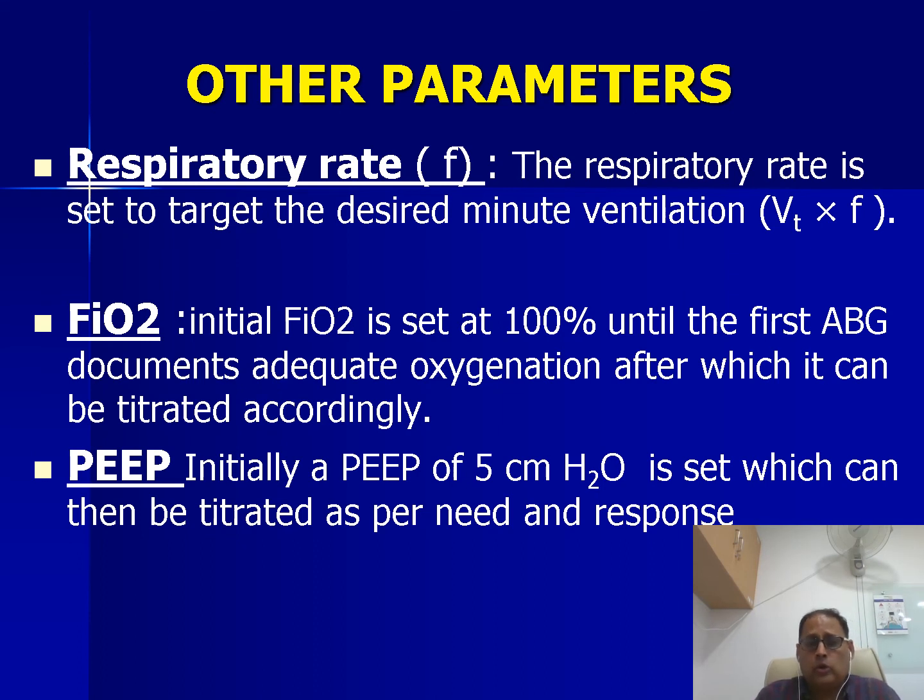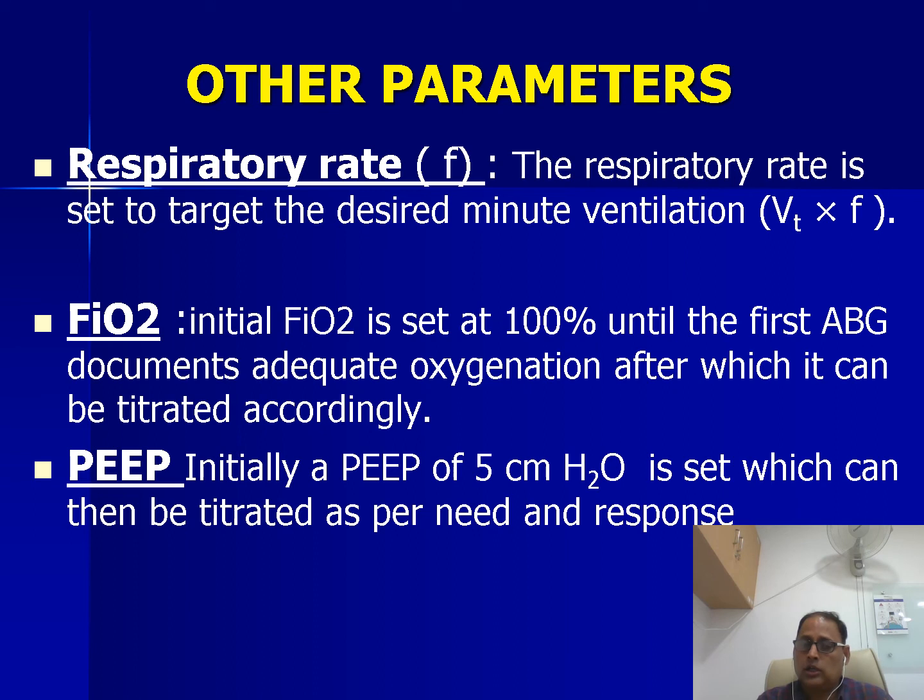FiO2, initial FiO2 is usually set to 1 or 100%, and then you go for an ABG after half an hour or 45 minutes of ventilation, and you document adequate oxygenation and correction in the ABG, and you might then have to titrate the FiO2 to a lower level. PEEP, initially I use a rule of thumb.